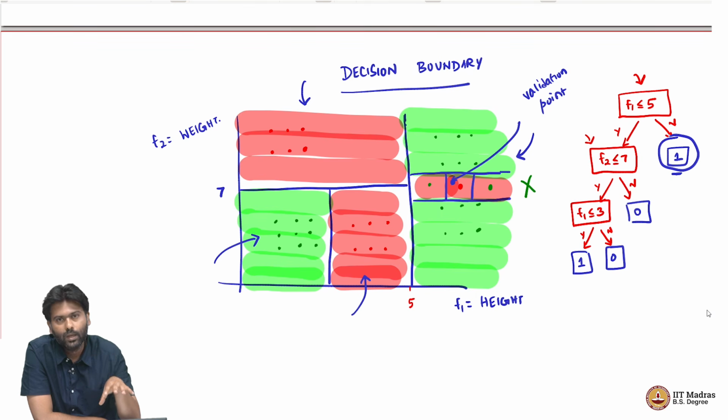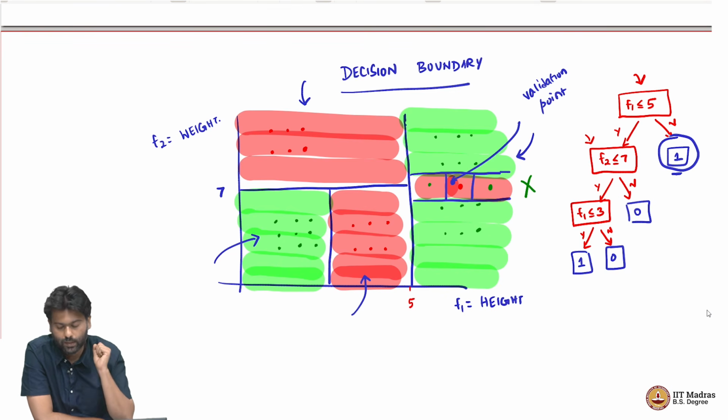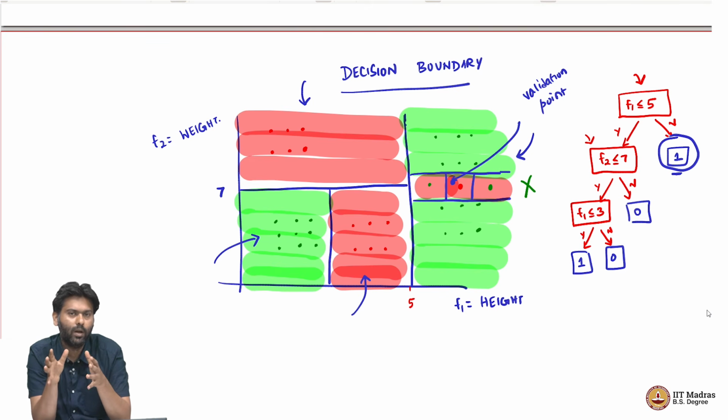But as an algorithm, this is very interpretable, and we also have derived a model out of the data. Once this tree is there, I don't care about the data points anymore, right? So this is a good algorithm as well. So at this point, what we have seen so far in binary classification are two simple algorithms.